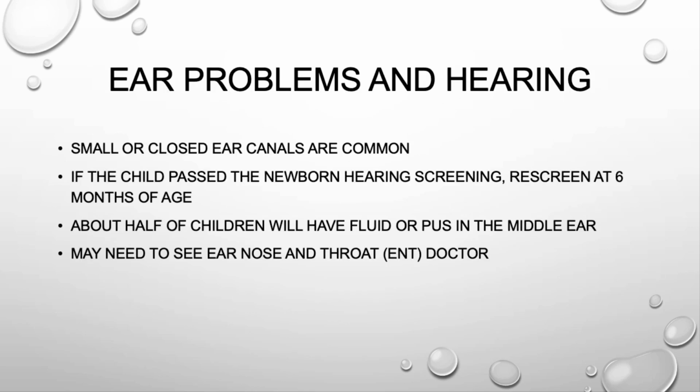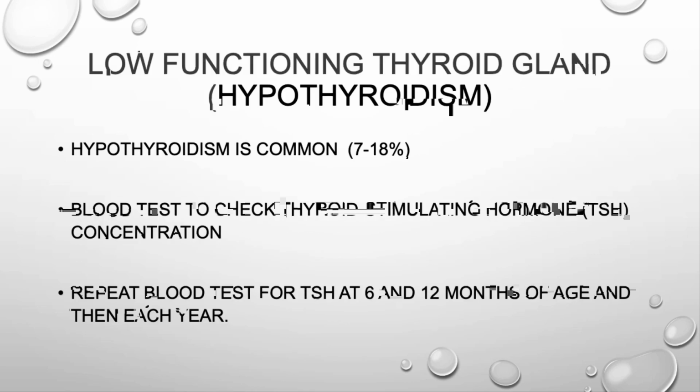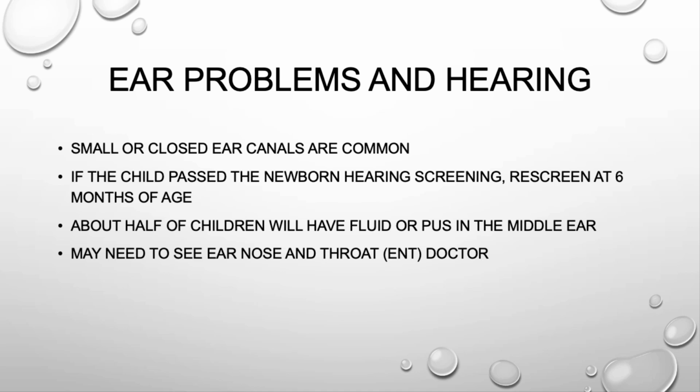What about hearing problems? The issue with some of these kids is that their ear canals may be a little bit different. Typically any child gets a hearing screen, and then a screen is done later on in a more formal fashion.